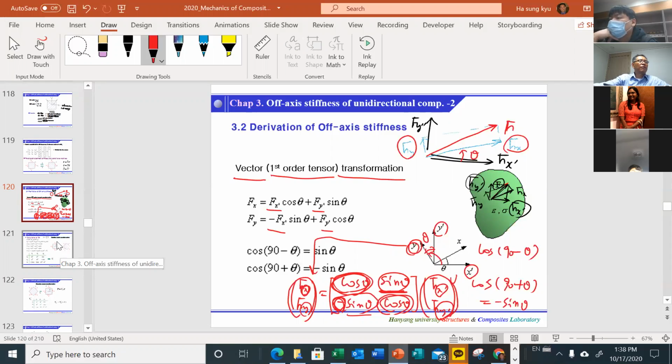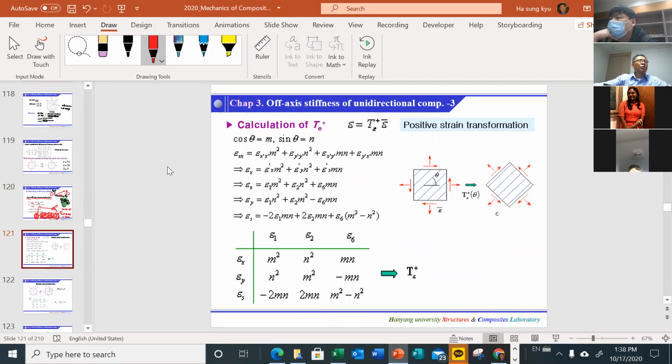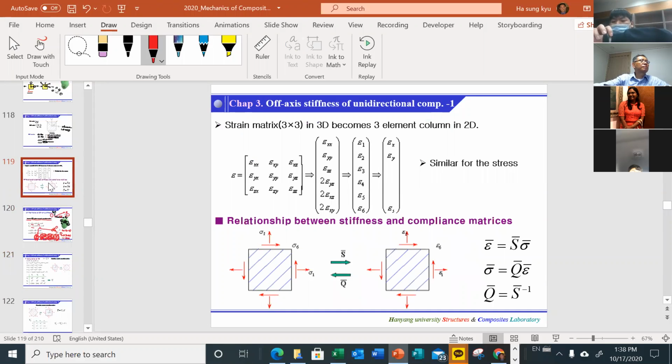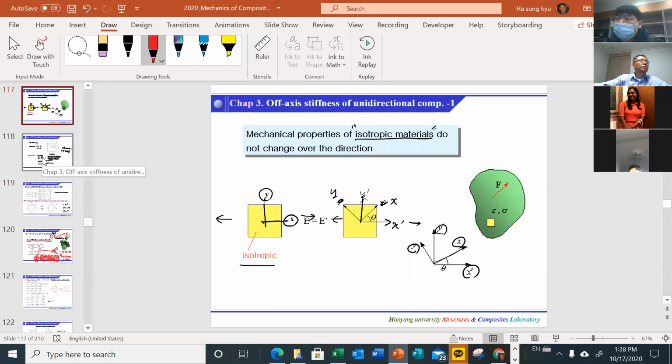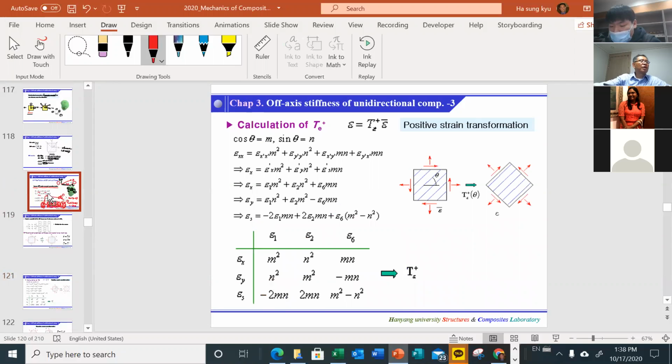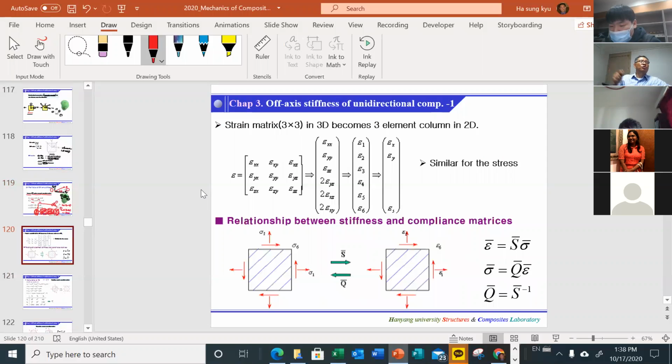Again, this is the first tensor transformation. Now, to calculate transformations, we need to redefine the strain components. Say this is the 3 by 3 matrix.